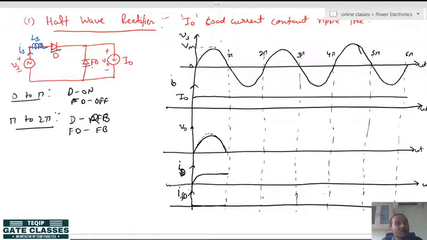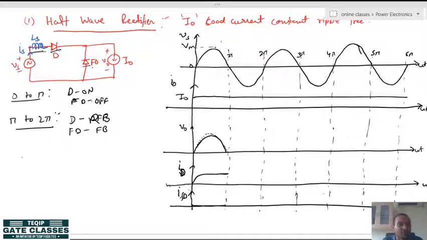But due to the source inductance, which does not allow instantaneous change or reversal of current, the I naught current flowing through diode D will gradually become 0, and the freewheeling diode current will gradually increase.